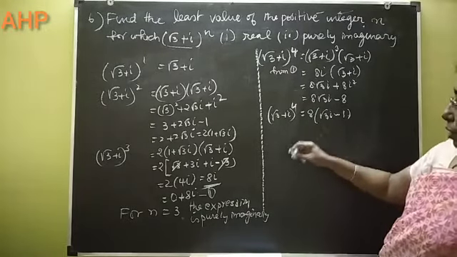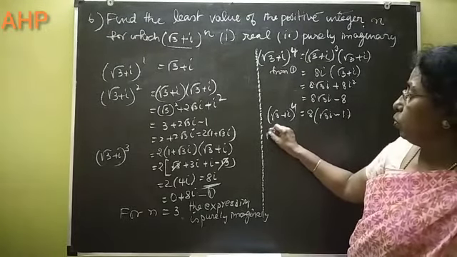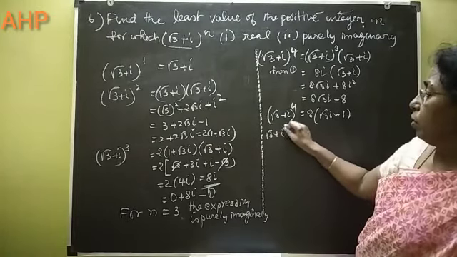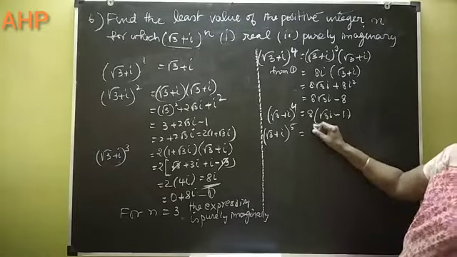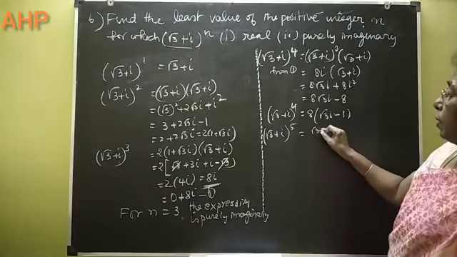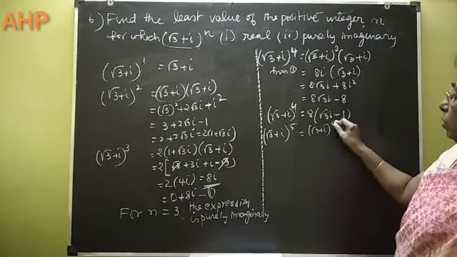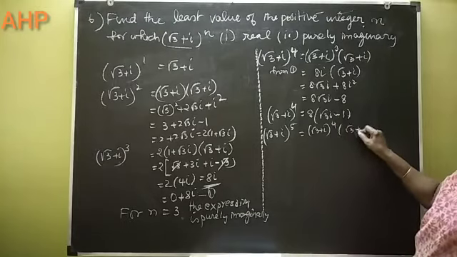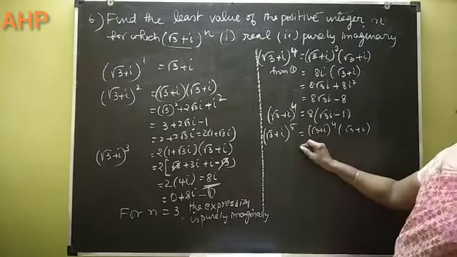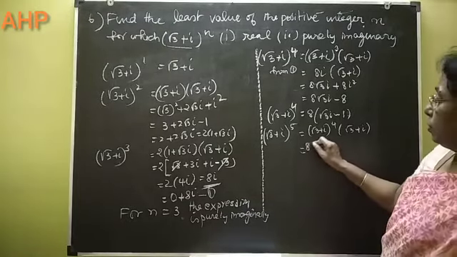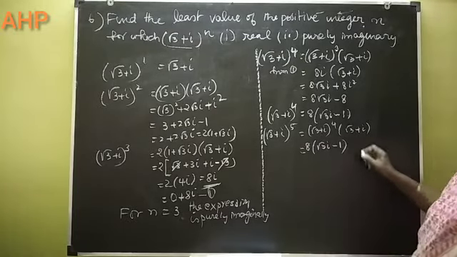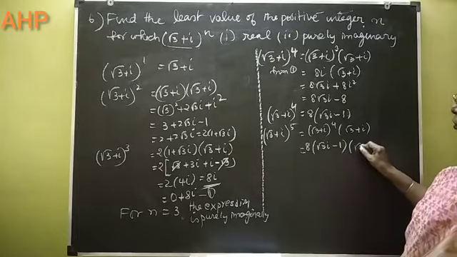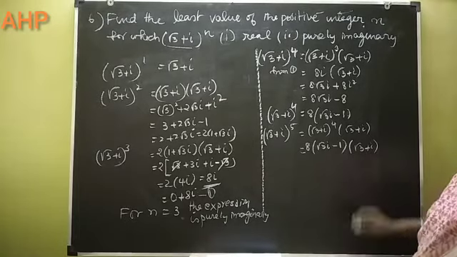So then to find the next expression, it is going to be (root 3 plus i) the whole power 5. So this is equal to (root 3 plus i) the whole power 4 into (root 3 plus i). So this value we have here as 8 into (root 3 i minus 1) into (root 3 plus i).